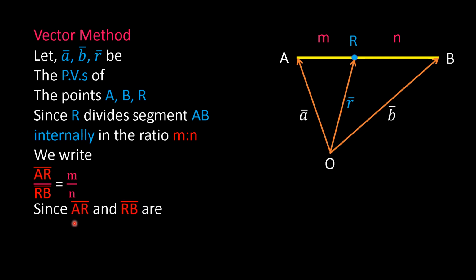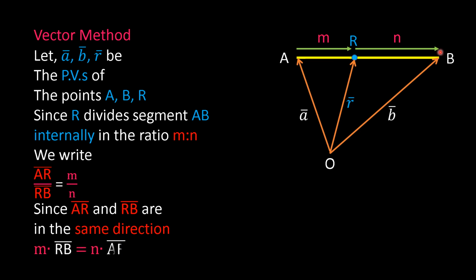Now since AR bar and RB bar have the same direction, we write m RB bar equals n AR bar. We have m RB bar equals n AR bar.